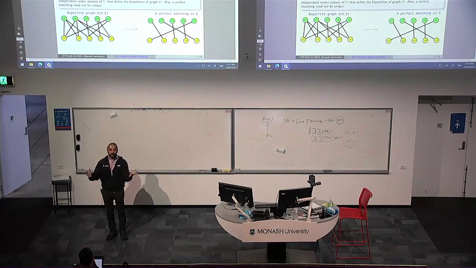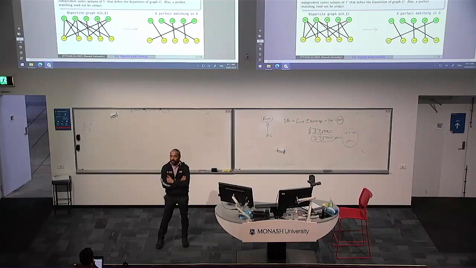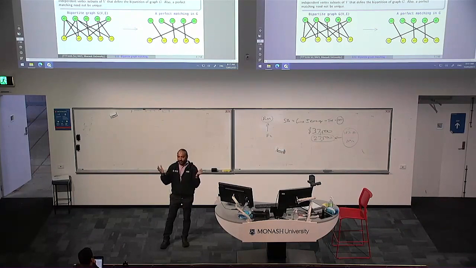It's perfectly matched. Nothing is unpaired. And that usually happens when you have, it only makes sense when you have exact number of vertices in one set matched with exact number of vertices in the other. Okay? Because all of them have to match.